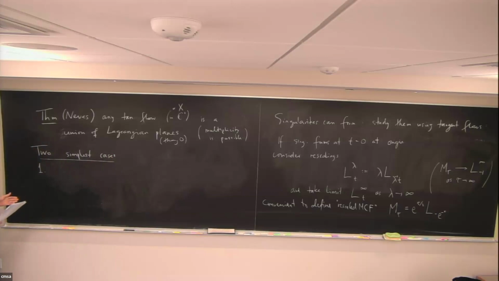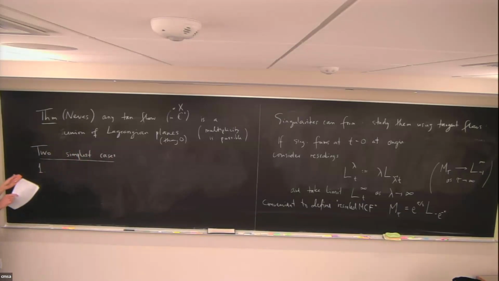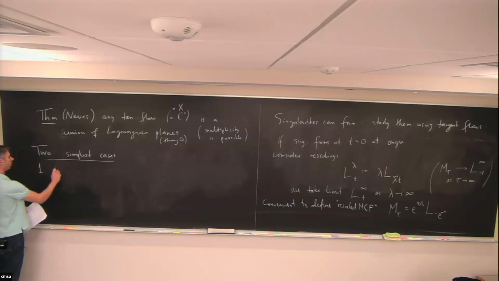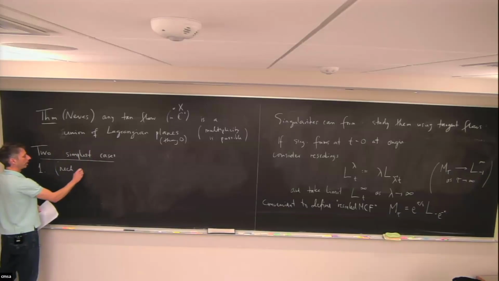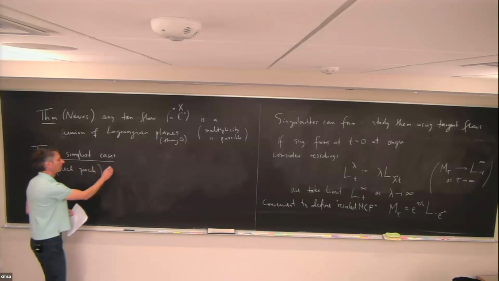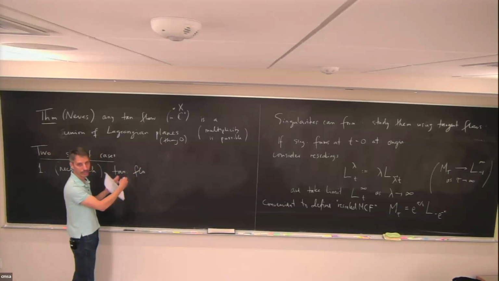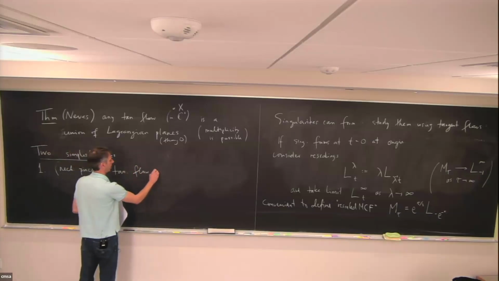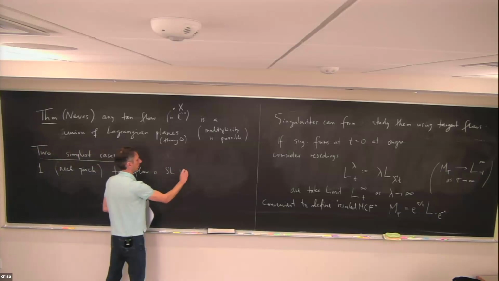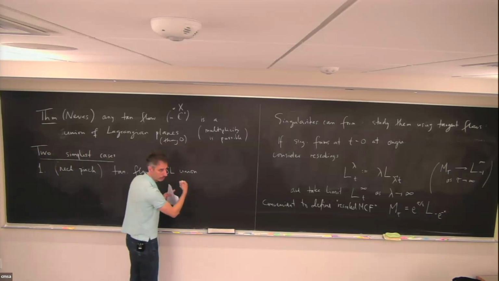Okay, so the very simplest case is when it's just one plane, in which case there's no singularity. The next simplest case is two planes, and then there are two options. One is called the neck pinch. This is when the tangent flow is a special Lagrangian union of two planes, which means that the two angles are the same.